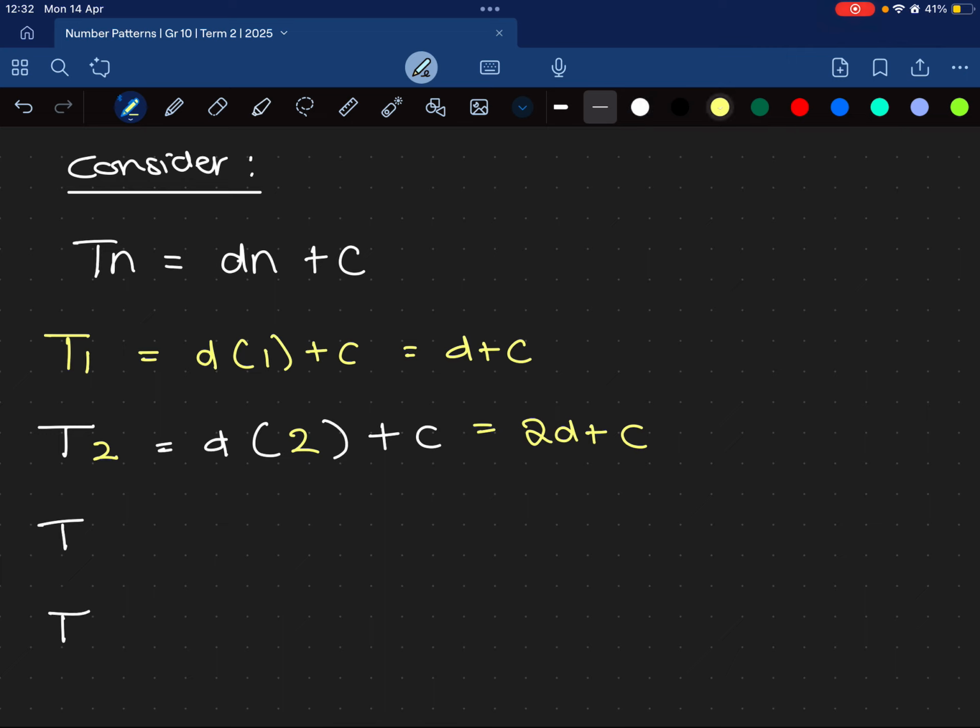T3 and T4. So take a moment, pause the video, and write out the general equation for T3 and T4.